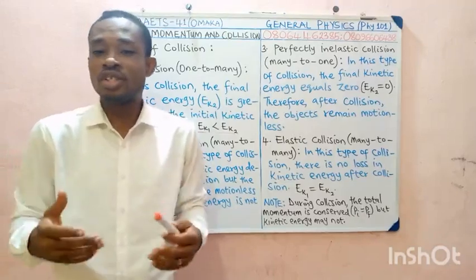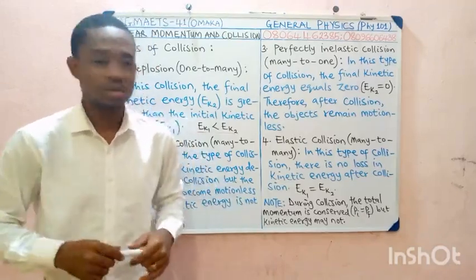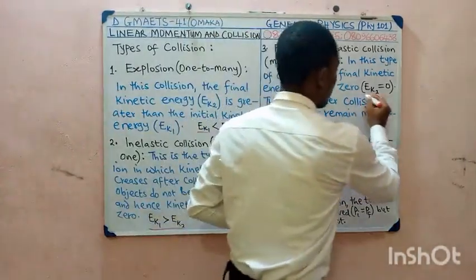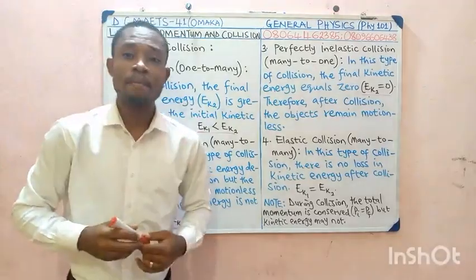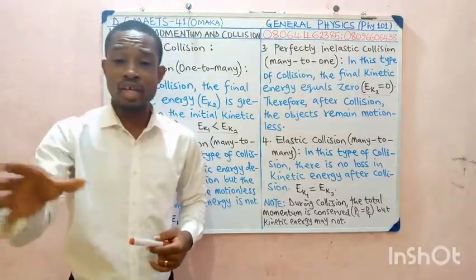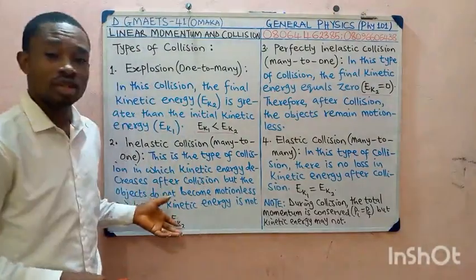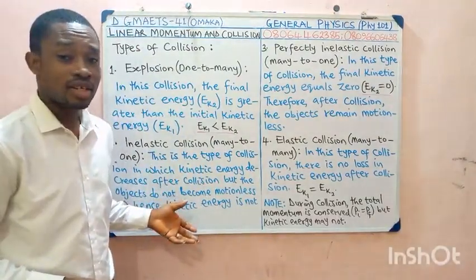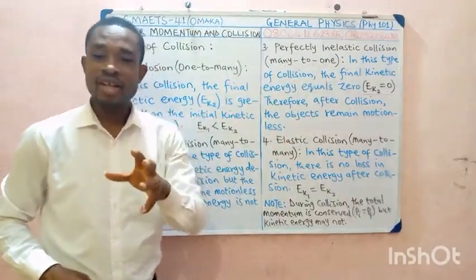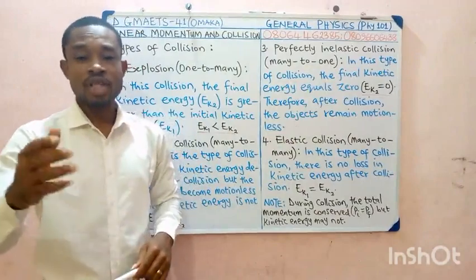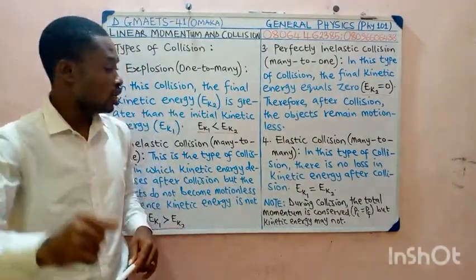Therefore, after collision, the object becomes motionless. So this is the condition you want to take note of. Both inelastic and perfectly inelastic collisions are many-to-one. The difference is that in inelastic collision, the final kinetic energy is not zero, but in perfectly inelastic collision, the final kinetic energy is zero, and hence the object becomes motionless after collision.